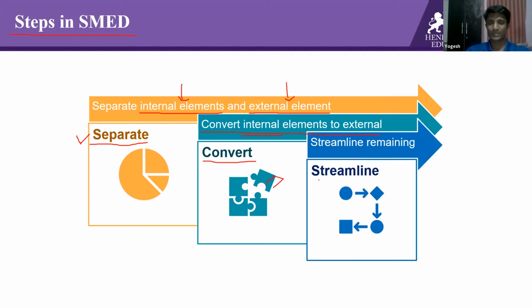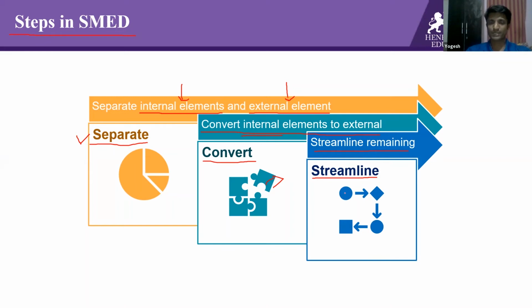And the third and last step is streamline. Streamline the remaining elements. Once we find out all the activities that can be done externally, whatever activities remain in the plan, we now need to streamline. There are various ways to do the streamlining, and we will see those in a couple of slides, so I'll not spend much time here.